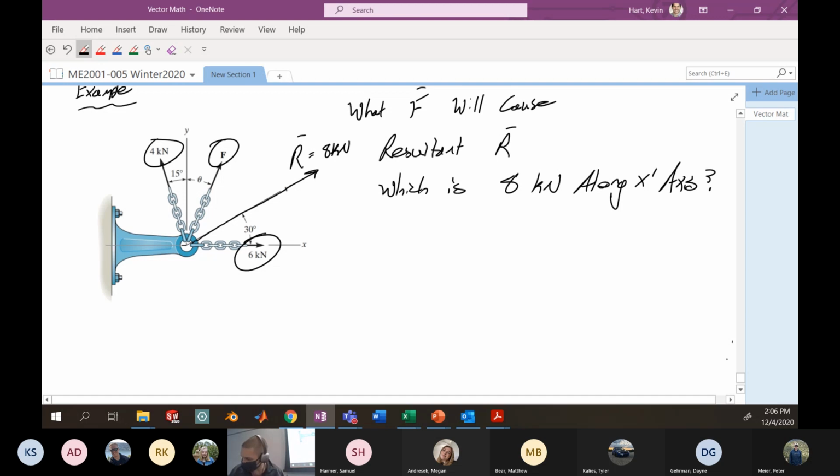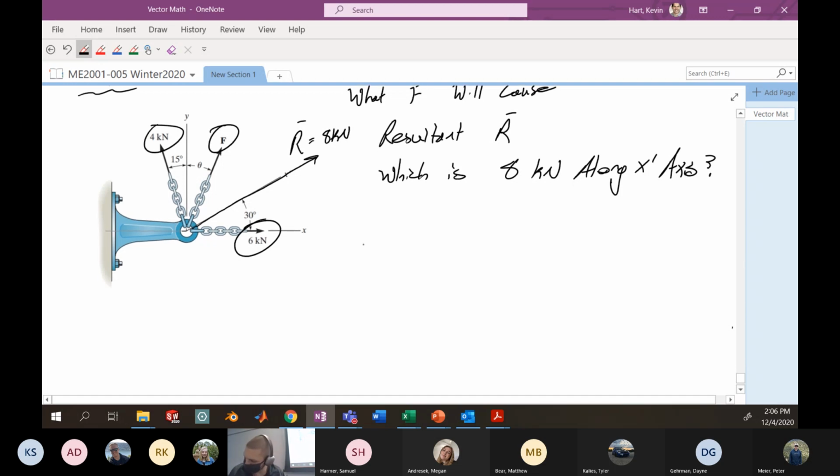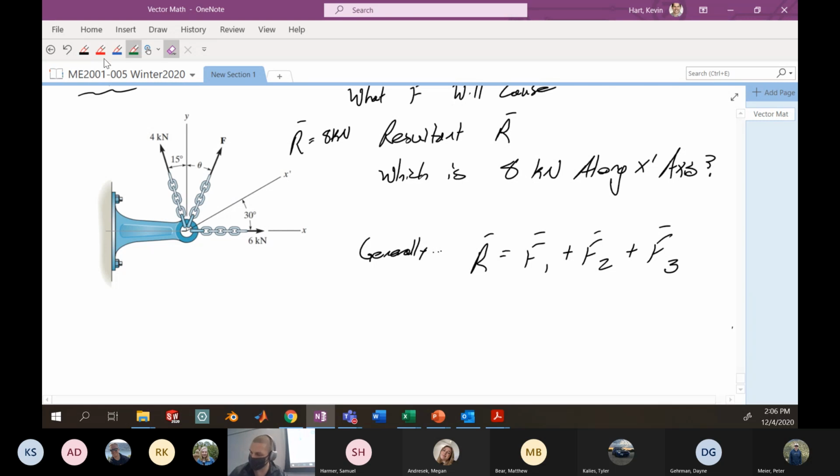All right, so we know the following is generally true: the resultant force is force number 1 plus force number 2 plus force number 3. Let's put some labels on these forces to help define them.